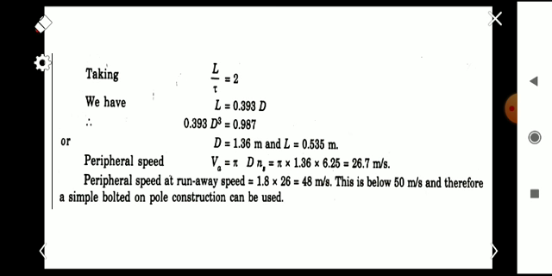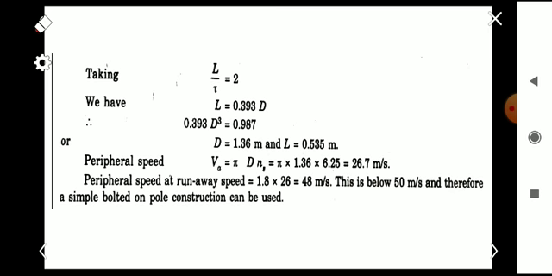The next step is to find the pole construction we have to use. For that we must know the peripheral speed and runaway speed. The peripheral speed can be found using the equation V is equal to pi d ns. d we know, ns we know, and we will get it as 26.7 meter per second.